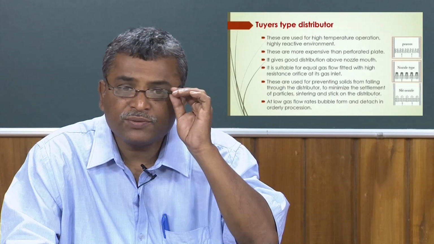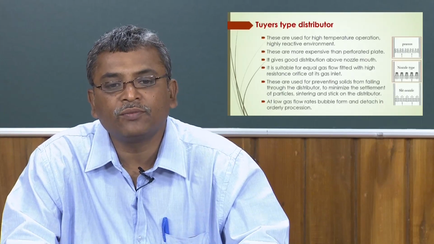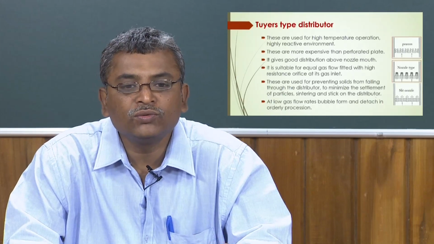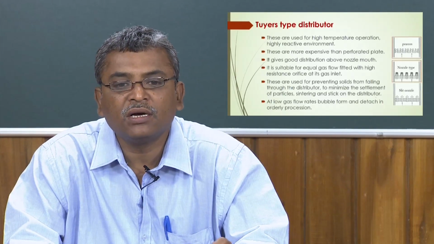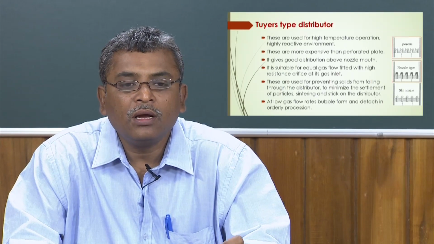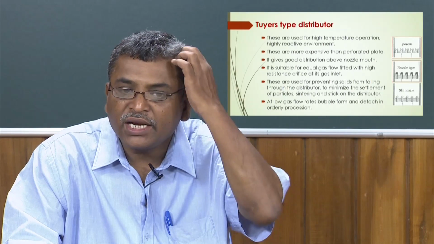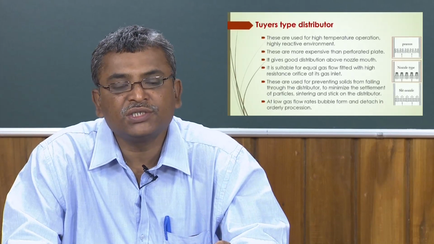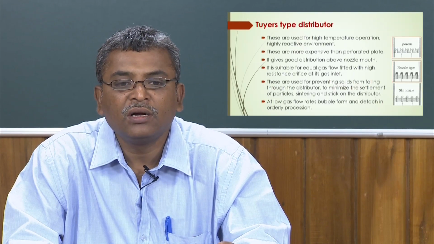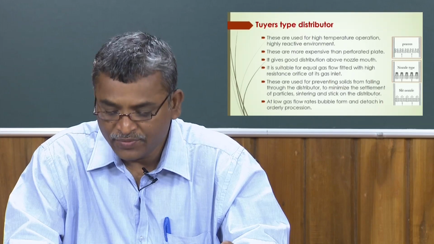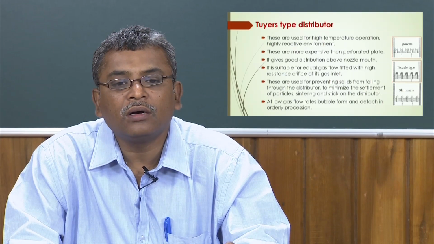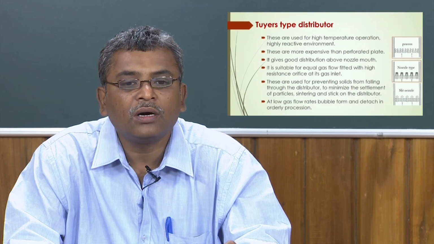They are also used for preventing solids from falling through the distributor, to minimize the settlement of particles. And sintering and sticking on the distributor is also one important factor in getting a highly resistive distributor of this type.